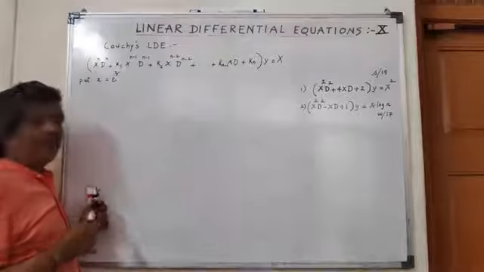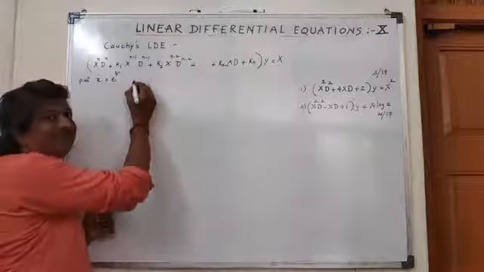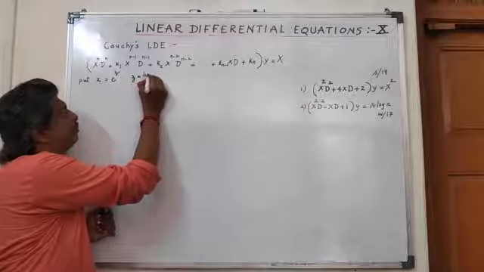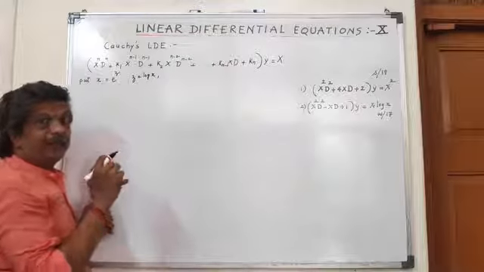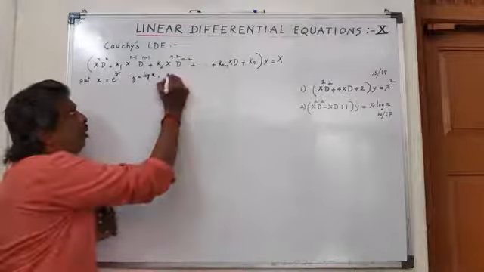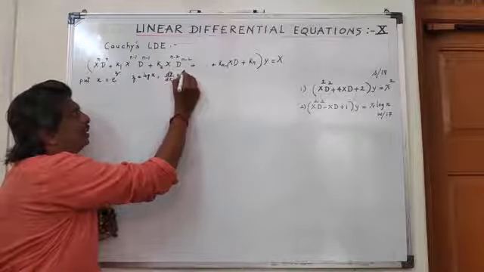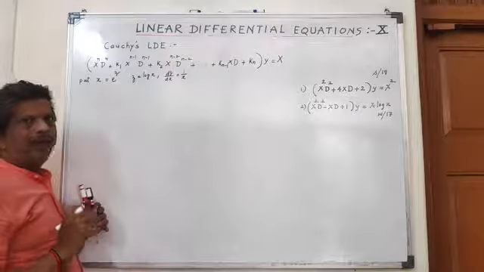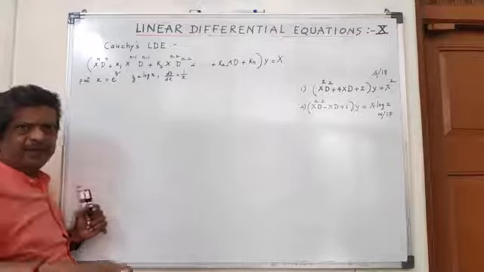In view of this substitution, x is e raised to the power z, so obviously z is log x. As z is log x, the derivative of z with respect to x, dz by dx, is 1 by x.